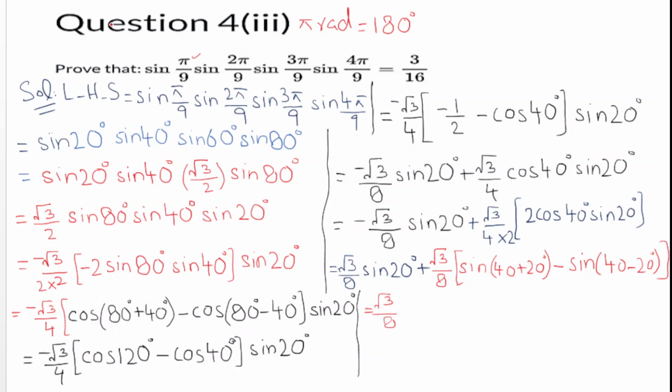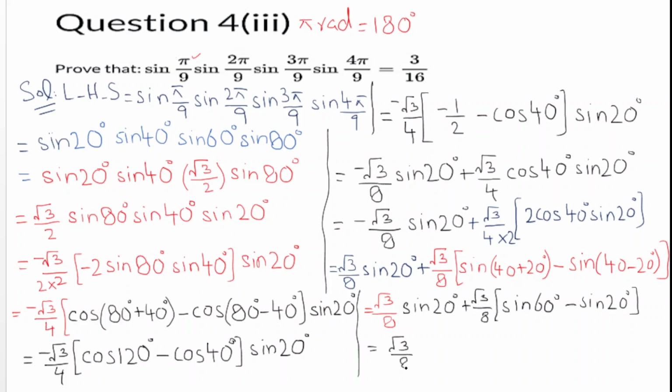Okay, so now let me put here square root 3 by 8, and then sine 20. And then plus square root 3 by 8, so that must be equal to sine 60, and then negative of sine 20. So that has been done. So now we have to put the value of sine 60.